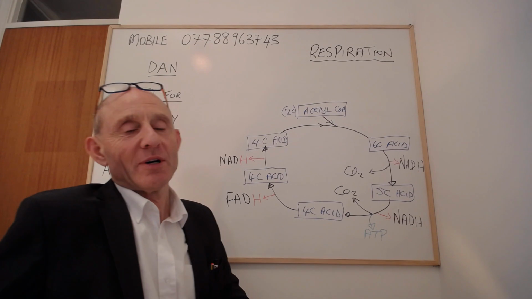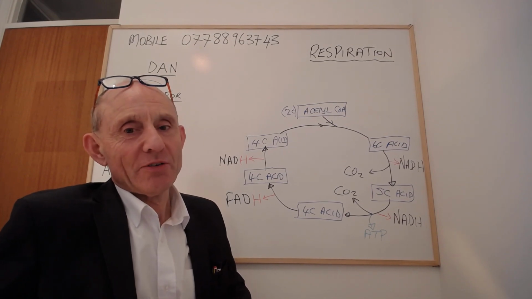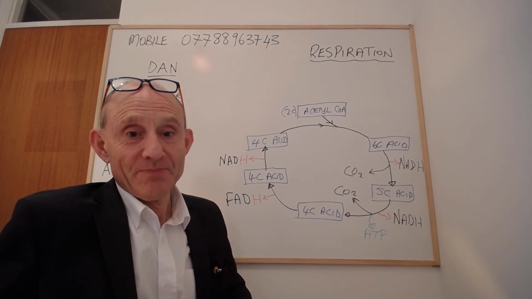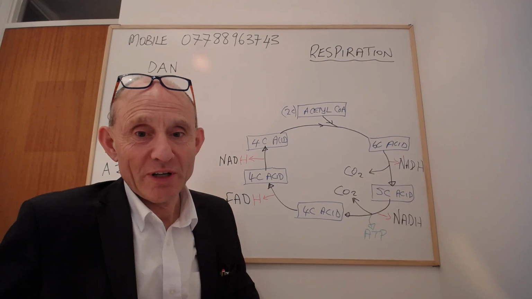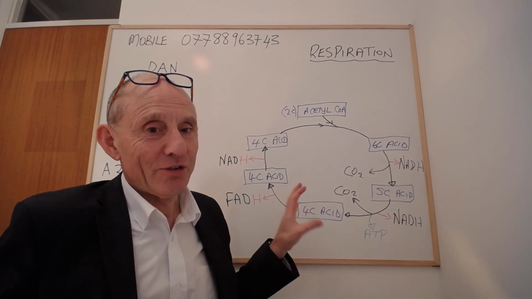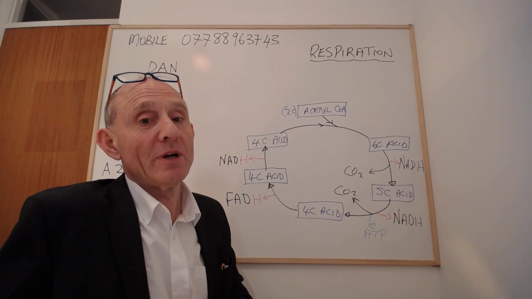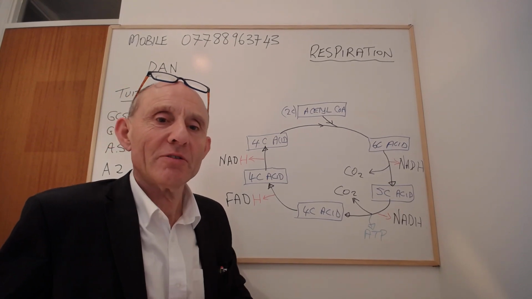And it's the electron transport chain that requires the presence of oxygen. The electron transport chain needs oxygen. So you're only going to get those other 34 ATPs if the cell has oxygen available.